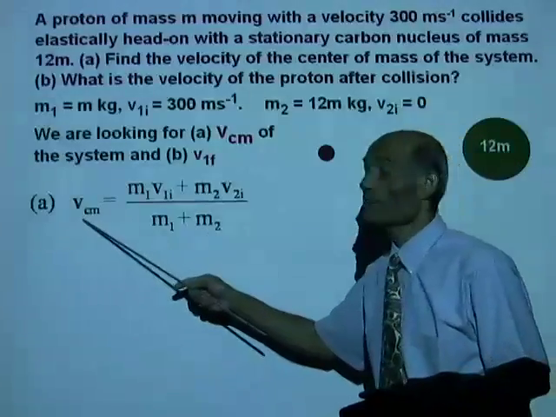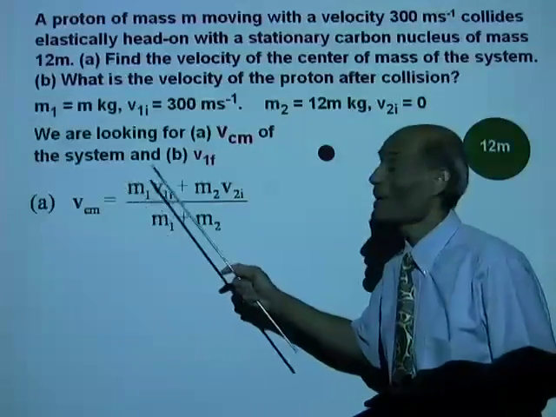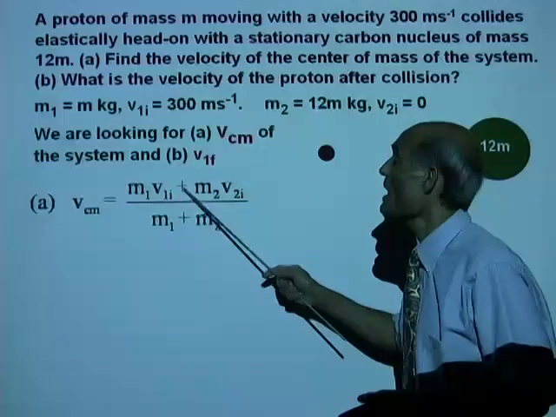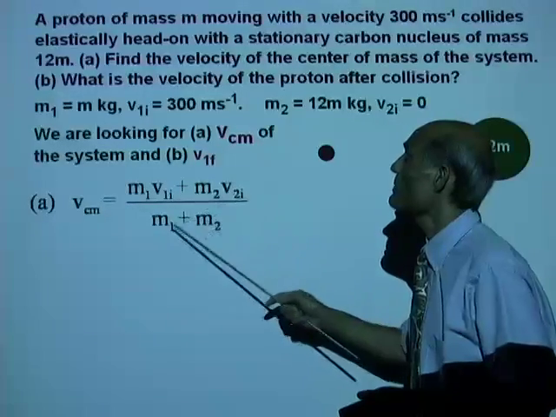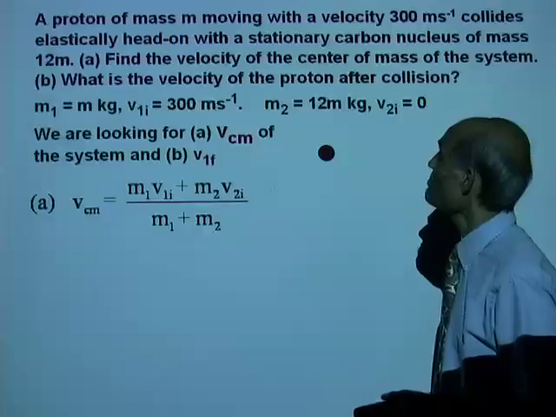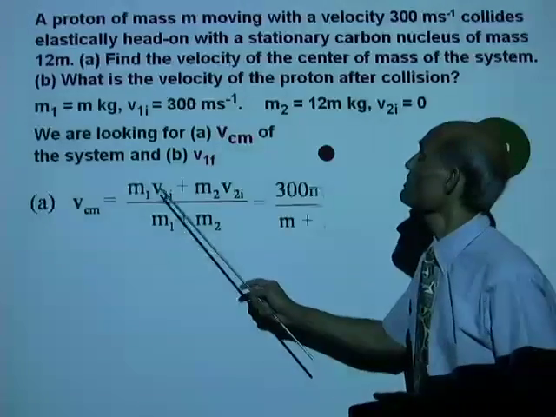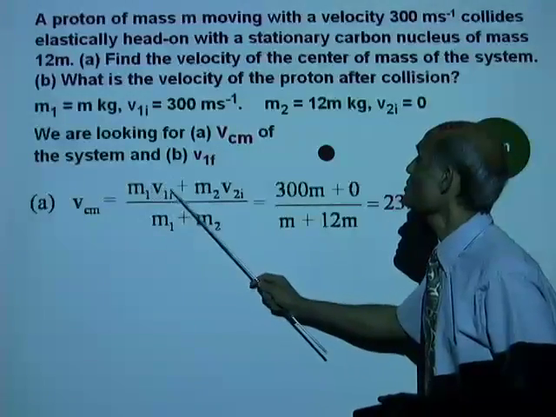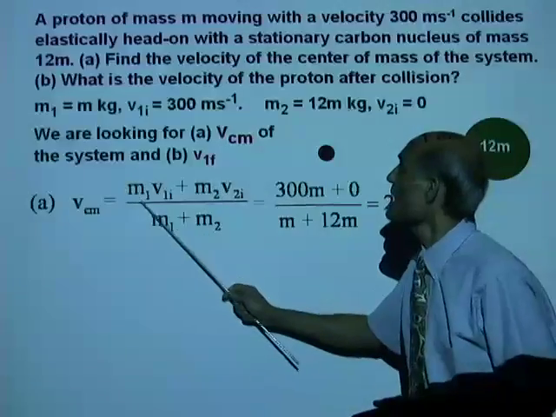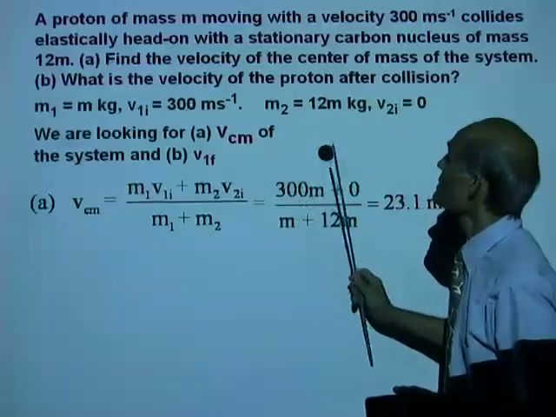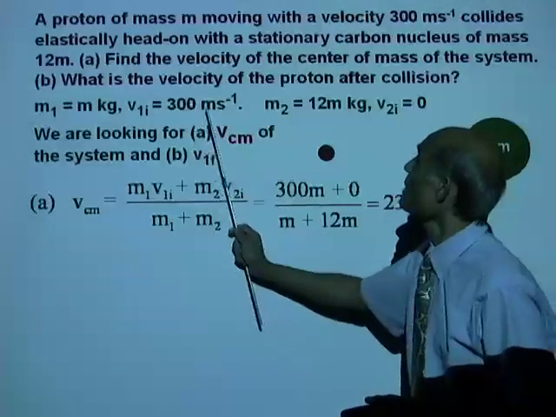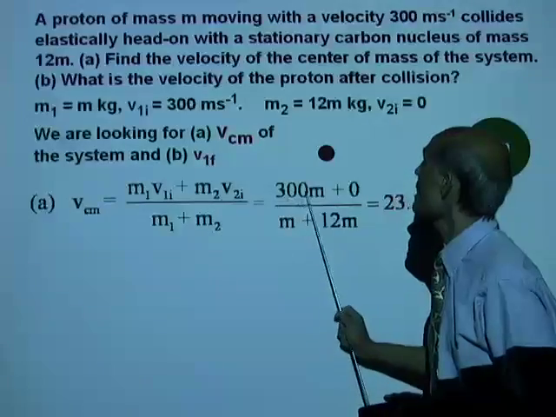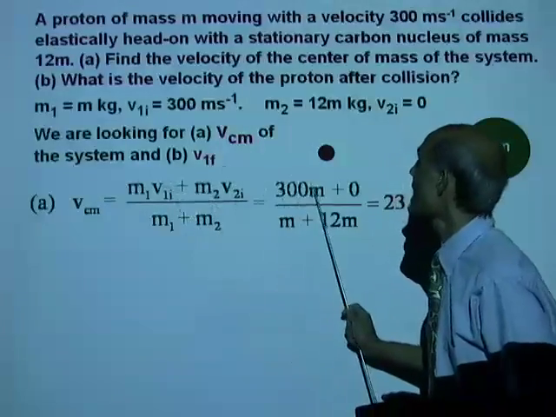Okay, well, V center of mass is a simple equation. M1 V1I plus M2 V2I divided by M1 plus M2. And we know these values. V1I is 300 and M1 is m.